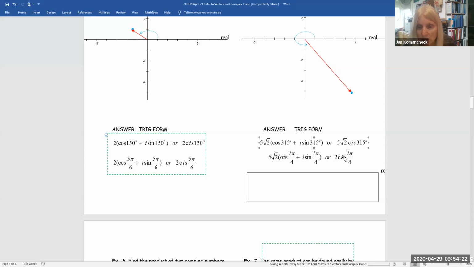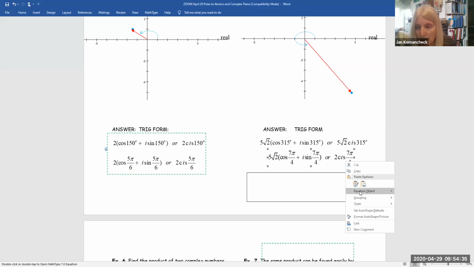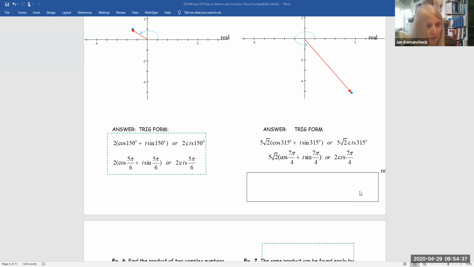Let me save that so I don't lose it. So I'm going to exit Word for a moment. This is 5 radical 2. And again, you can see I just copied that 2 from this one and changed the angle. Kind of going fast for me. 5, I need a radical.